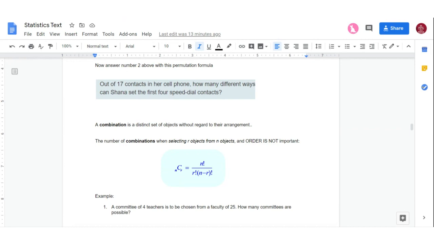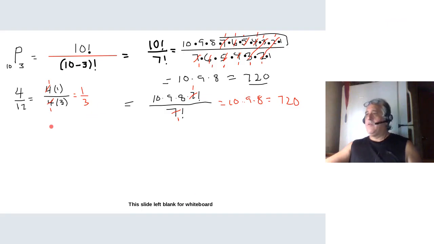And now let's go and do that. And I'll do it the quick way. So then 17 factorial goes up here. 17 minus 4 down here, which is 13.